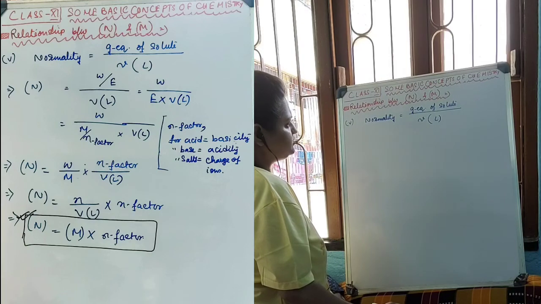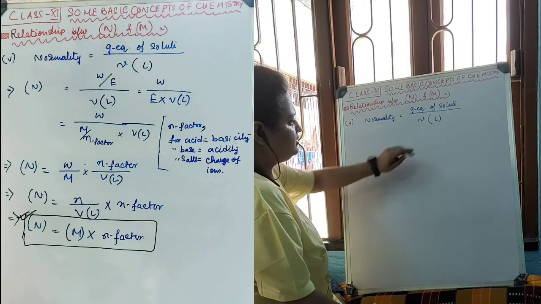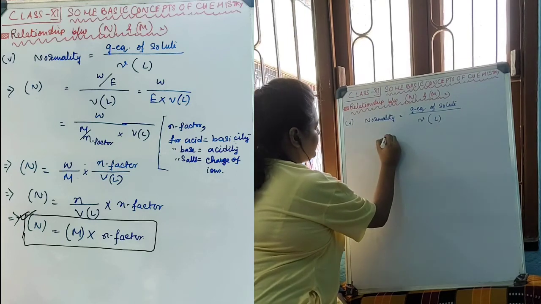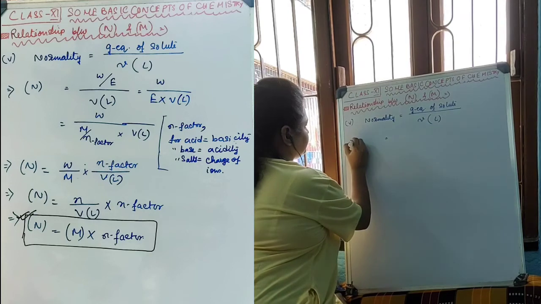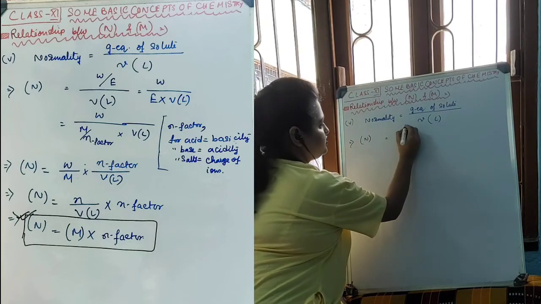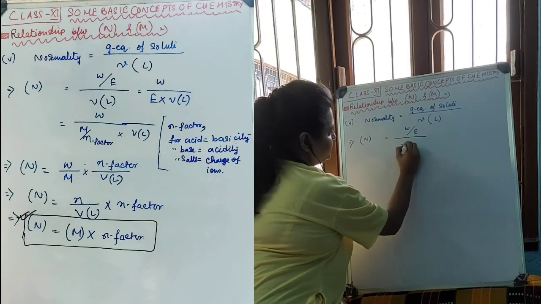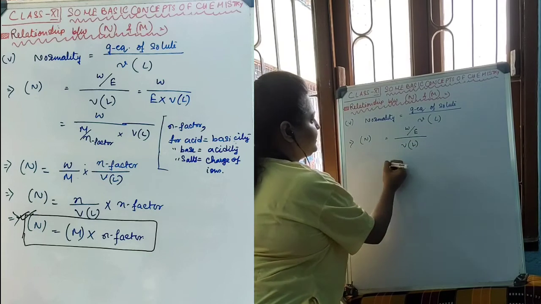Normality of any solution is given by gram equivalent of solute by volume in liter. Now, gram equivalent of solute is given as given mass W by equivalent mass of solute E, by volume of solution in liter.